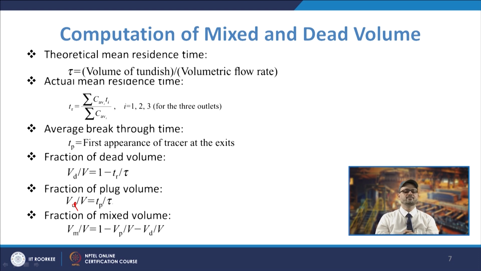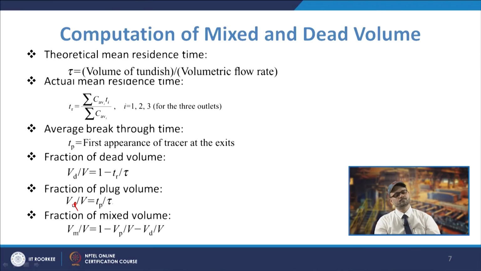So, basically we calculate that as the dead regions, because any fluid particle which is taking more time than the mean residence time is said to be in the dead regions, and that is indicative of those zones which do not indicate the effective utilization of the whole volume of the Tundish.